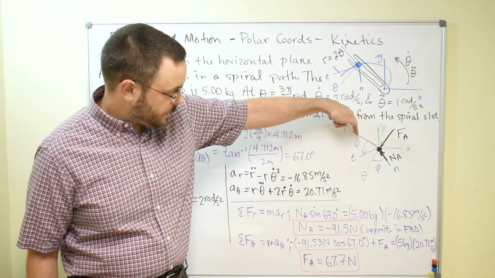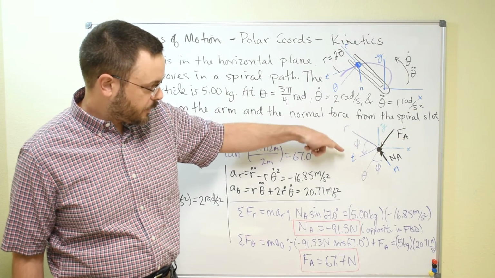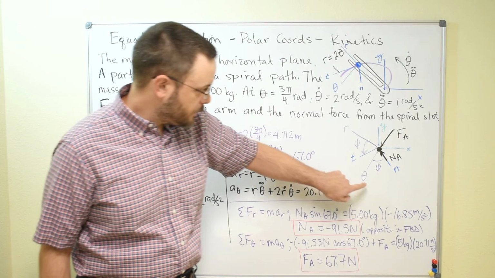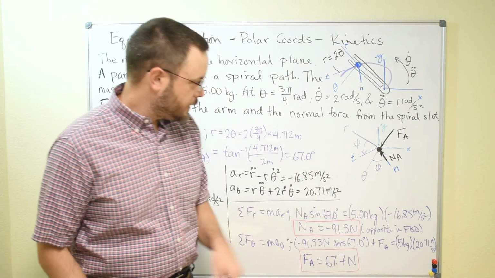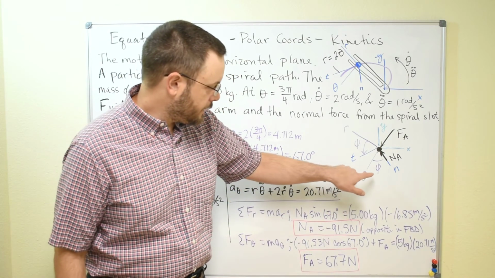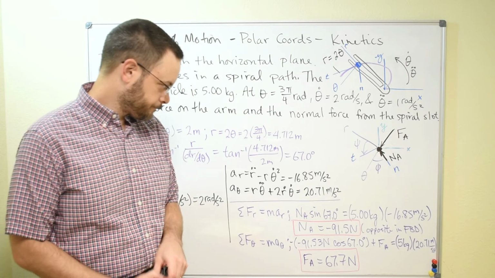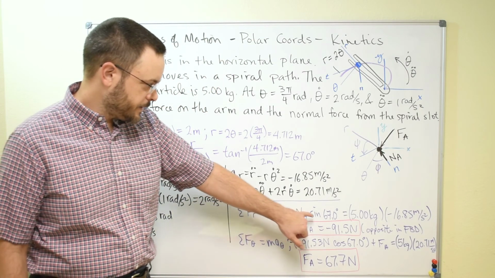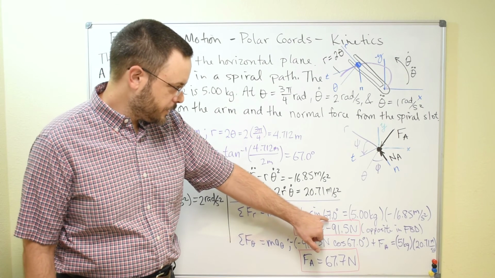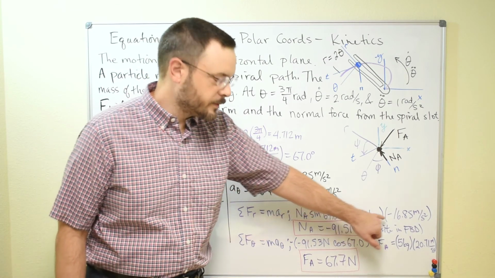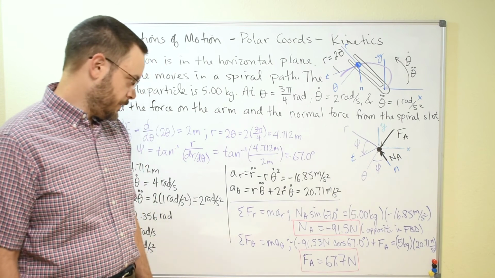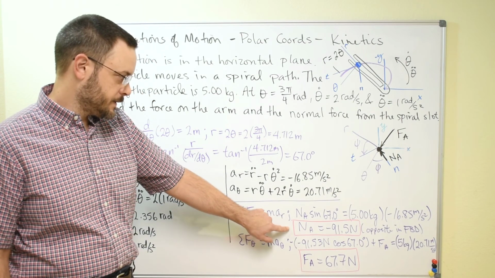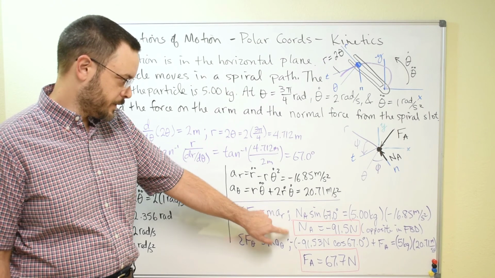If T is moved off of R by this angle, then theta will be also that angle from N. So we can get NA sine of 67.0 degrees is equal to 5 kilograms times the radial component of the acceleration. We can solve for that and get NA is equal to negative 91.5 newtons.